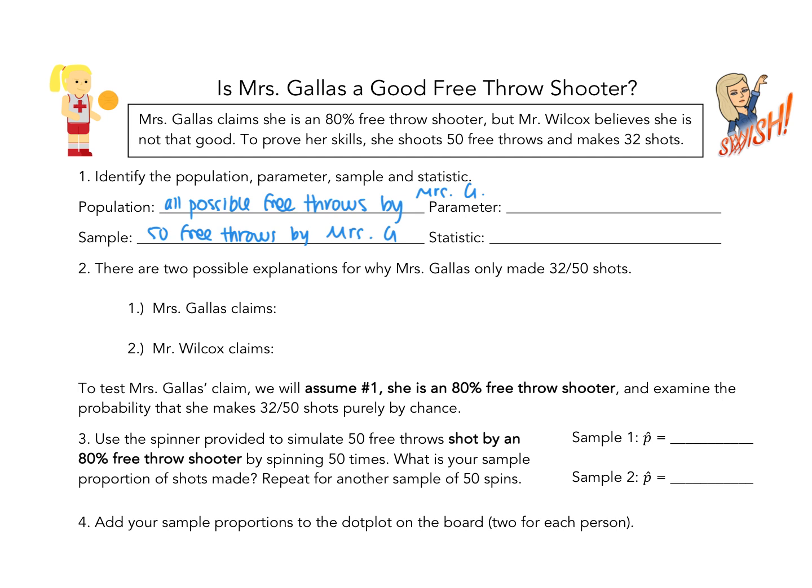So our parameter, P, is going to be the true, or we can also say population proportion of free throws that she makes. And it's important we say makes. We've talked about you can't write in past tense because you're not going to get credit for it. Our statistic then, our P hat, is the 32 out of 50, or 0.64 of the free throws that she made.